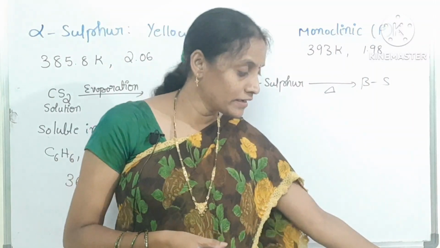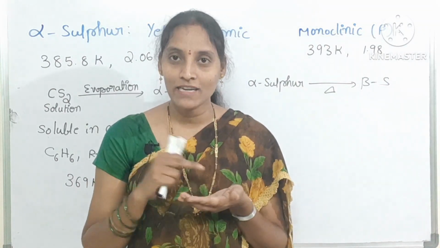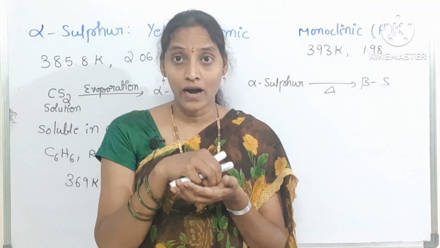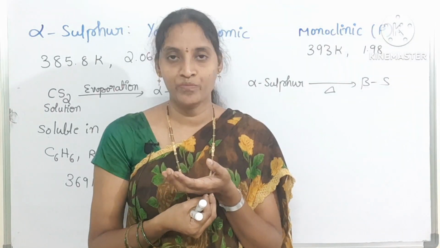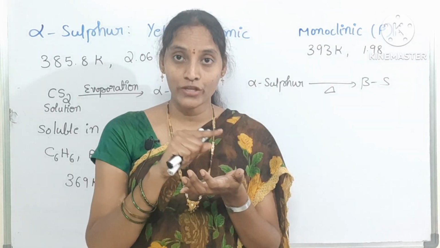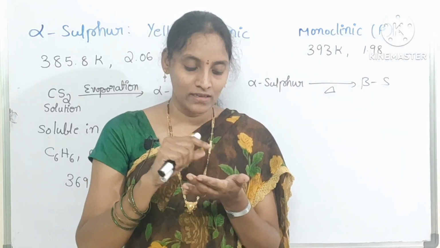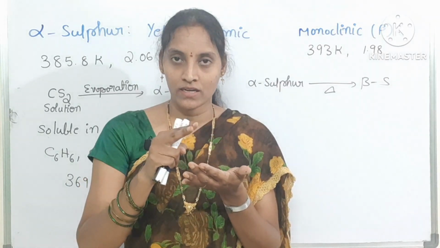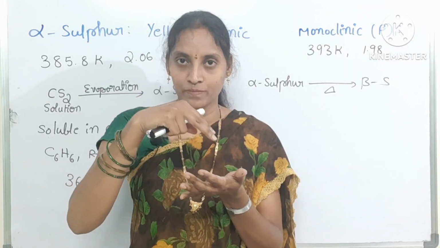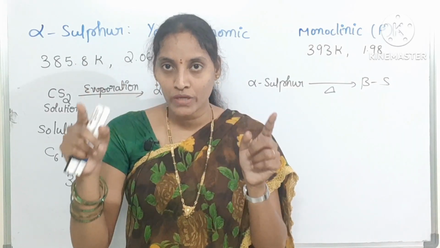Generally, the procedure is different. In the laboratory, you need to take a watch glass. In that watch glass, you put alpha sulfur, and that alpha sulfur is heated. While heating, the alpha sulfur forms a crust. Before removing that crust, you need to make 2 holes in it, because any liquid will come out.